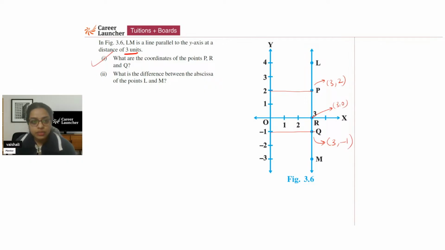What is the difference between the abscissa of the points L and M? Now remember one thing. If L, M, N, या फिर कोई भी set of points, if they lie on the same line, like in this situation, इनके abscissa means x coordinates का difference हमेशा 0 होगा. The reason is, if you will see, L क्या है? L के coordinates में लिख लेते हैं.